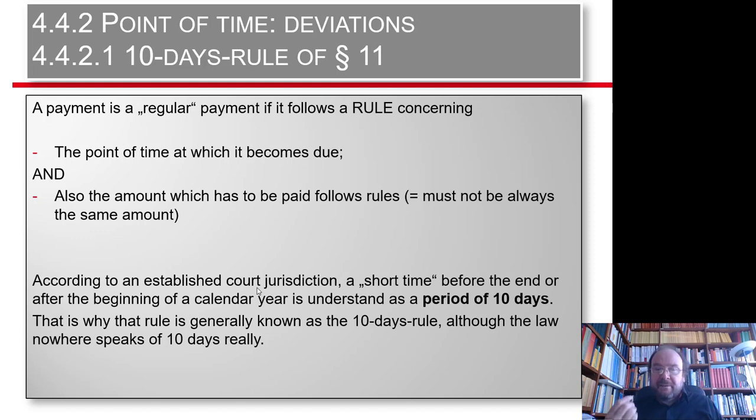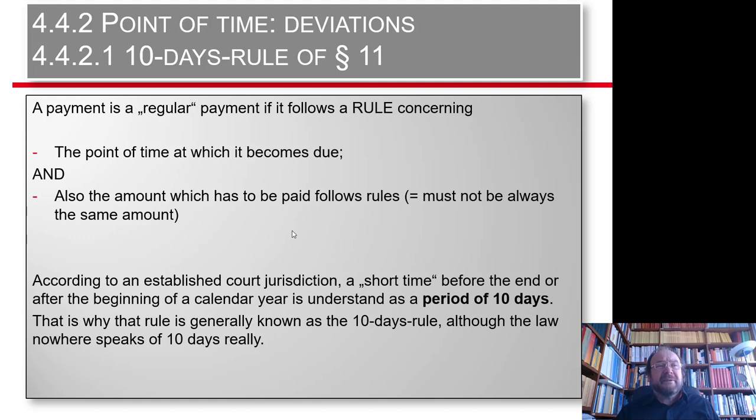So you can clearly decide what is part of the regular payment. And now the courts say that a short period before the beginning or before the end of a year is to be interpreted as a period of 10 days.